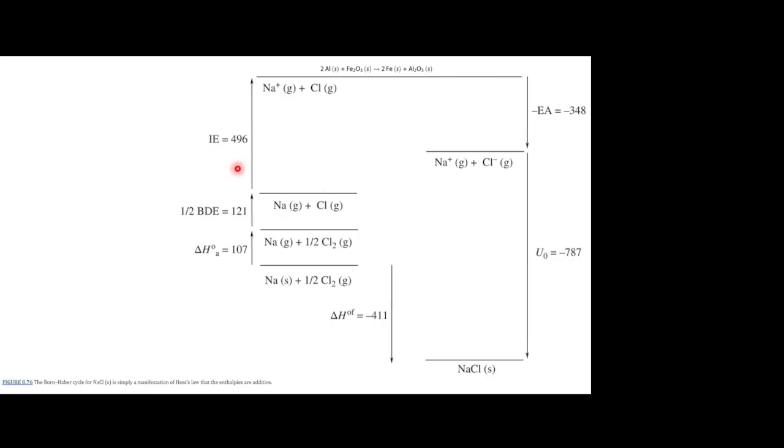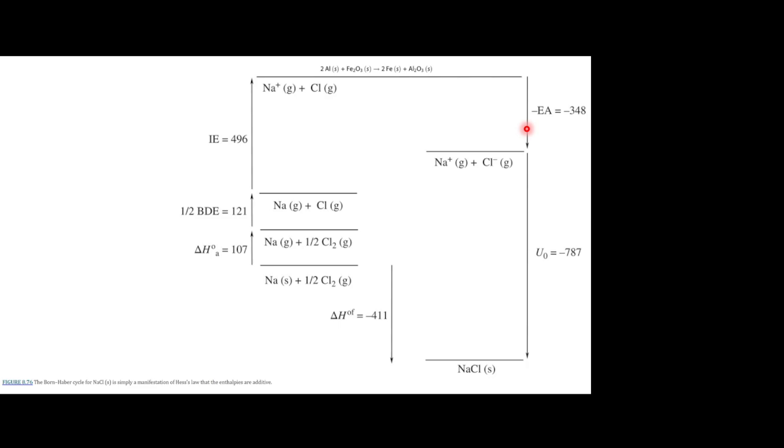And so this right here is going to be your ionization energy. That's going to be pulling an electron off of that sodium, right? Because sodium has to go to positive. Okay, so the next part here is going to be the electron association energy. And this is negative because it's energy coming back out, right?